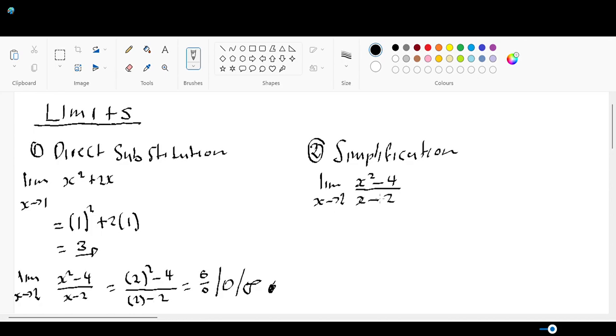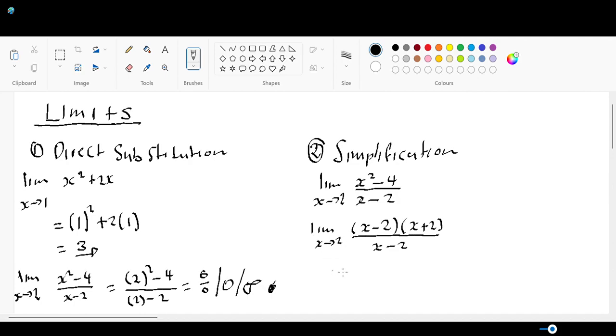Now we know that with direct substitution this is gonna give us 0, so you have to simplify this. The numerator there is a difference of 2 squares, so we simplify it that way, and then we divide by x minus 2. Alright, x is approaching 2.